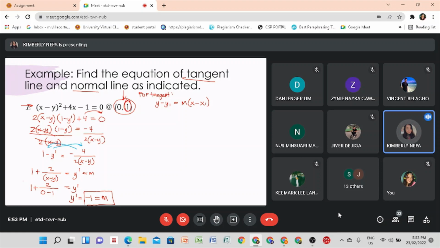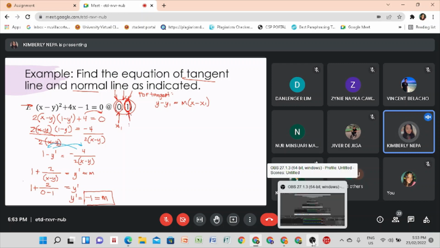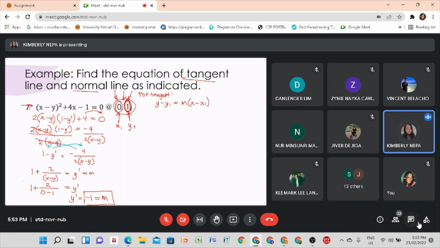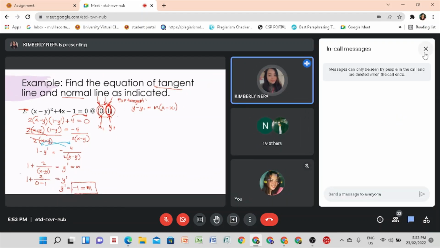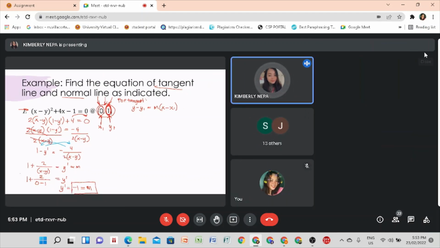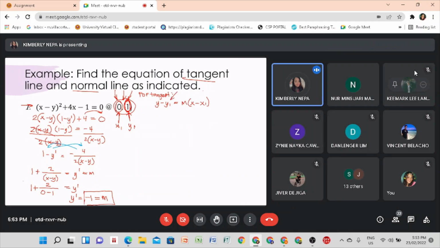This given point here, class, is our x sub 1. This other given point is our y sub 1. So that is the value that we will be substituting for y sub 1 and x sub 1. Gets? Yes po.